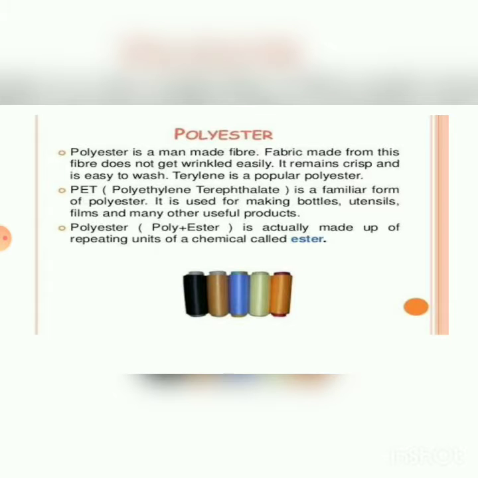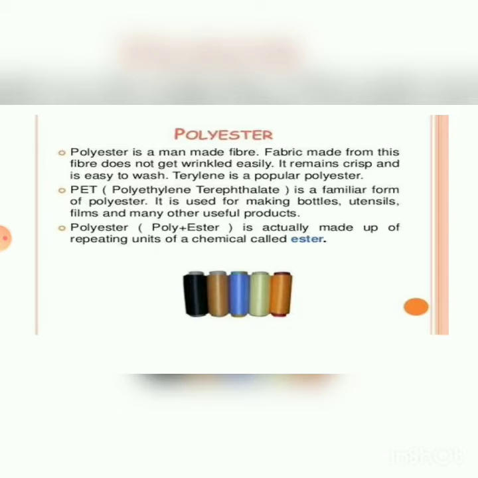So let's see what the characteristic features of this synthetic polymer are. Of course, it is a man-made fiber, children, a synthetic, artificial fiber. The clothes made out of it do not get wrinkled easily. They remain crisp and are easy to wash.